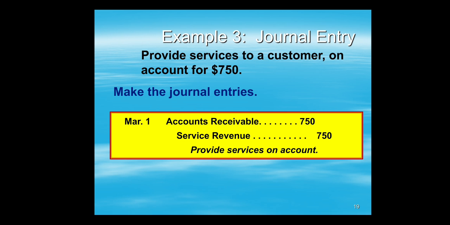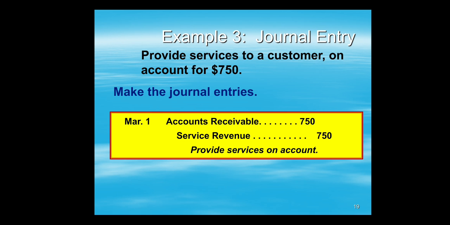So in this situation, asset increase, the name of the asset is account receivable. In accounting, if your customer will pay something in the future, you record it in account receivable. So asset increase, the name of the account is account receivable, the amount is $750.